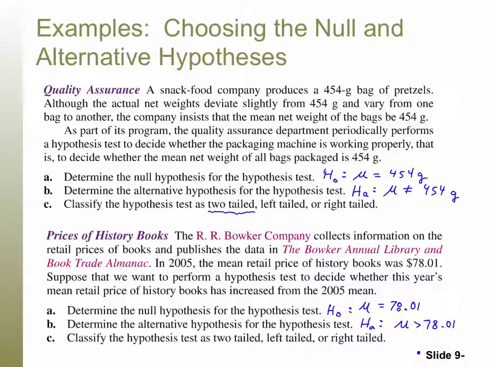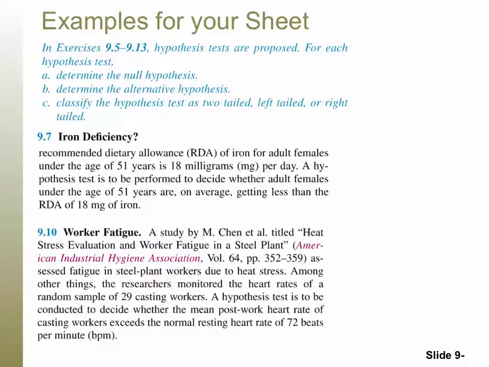So is that left-tailed or right-tailed? That's right-tailed. Questions on this? Okay, your turn. Same exact thing: write out the null, write out the alternate, and then two-tailed, left-tailed, or right-tailed.